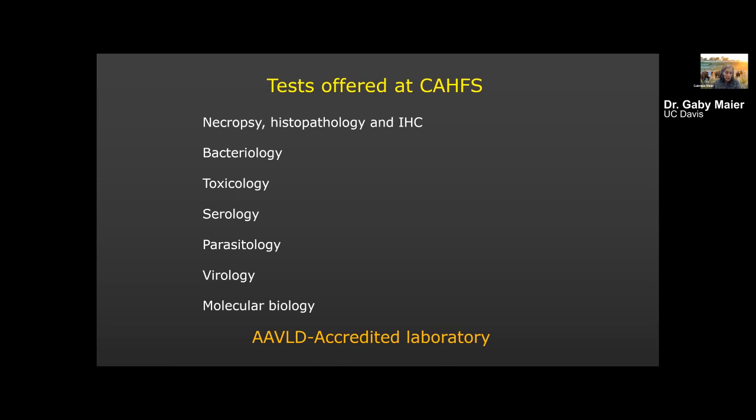Bacteriology is looking for bacteria. Toxicology, obviously, for toxins. Serology is doing tests on blood samples to see if the animal has been exposed, as an antibody response to pathogens. Parasitology is looking for parasites. Virology for viruses, and molecular biology are tests such as PCR tests that also look for particular pathogens.